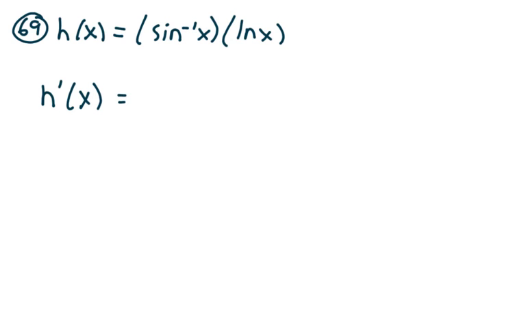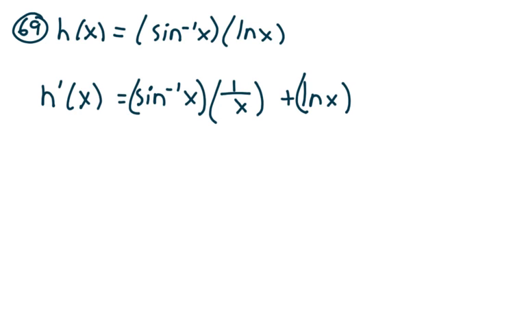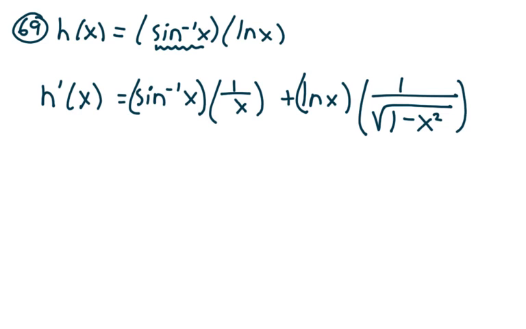So when I want h prime of x, I'm going to write down the first function, which is arc sine x, and I'm going to take the derivative of natural log of x with respect to x, which in this case is 1 over x. And then I'm going to write down the second function, which is natural log of x, and I'm going to take the derivative of the first function with respect to x, which is 1 over the square root of 1 minus x squared.